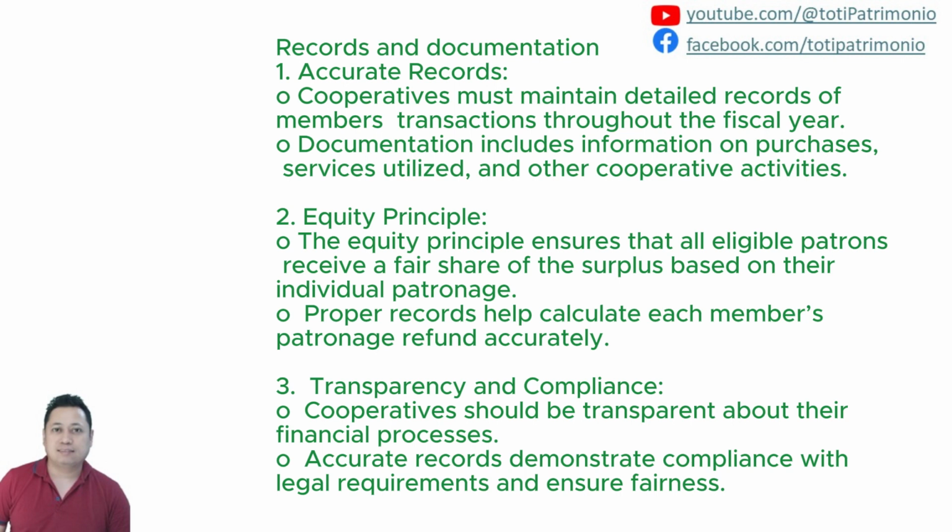Another one is that the documentation includes information on the purchases and the services utilized by the member, including payment for items, payment for products, payment for interest, and other cooperative activities.